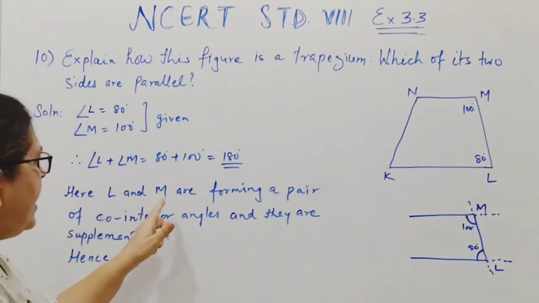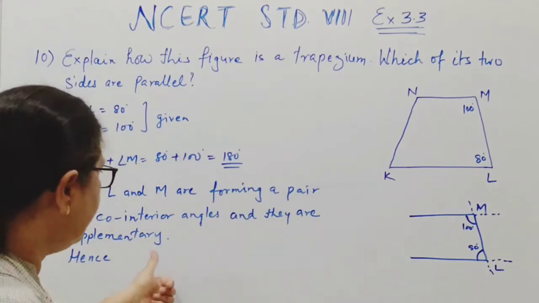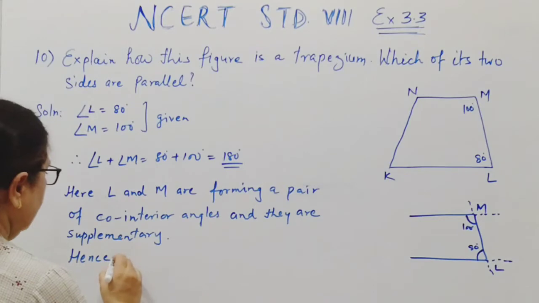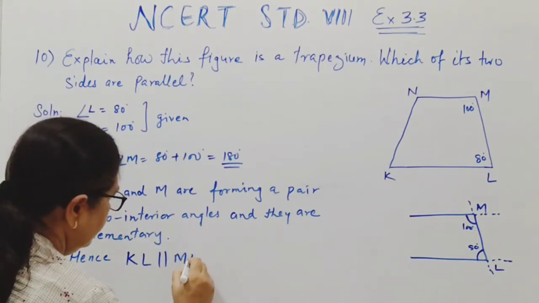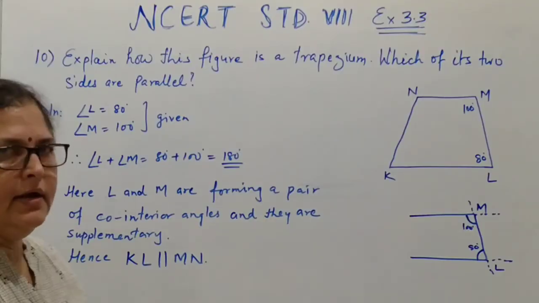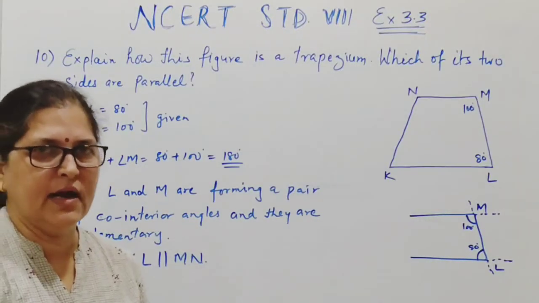Here, L and M are forming a pair of co-interior angles and they are supplementary, hence KL is parallel to MN. We know that in a figure in which one pair of sides is parallel, that is a trapezium.